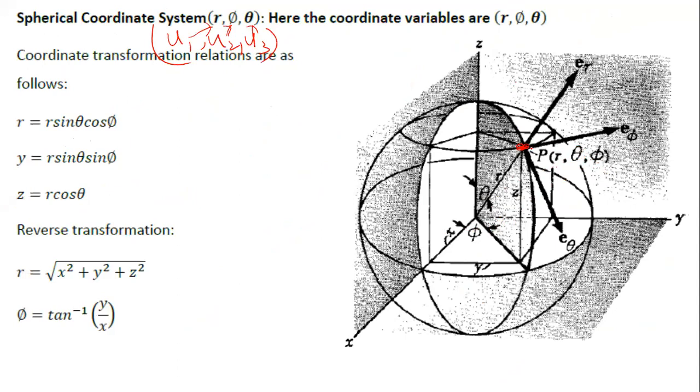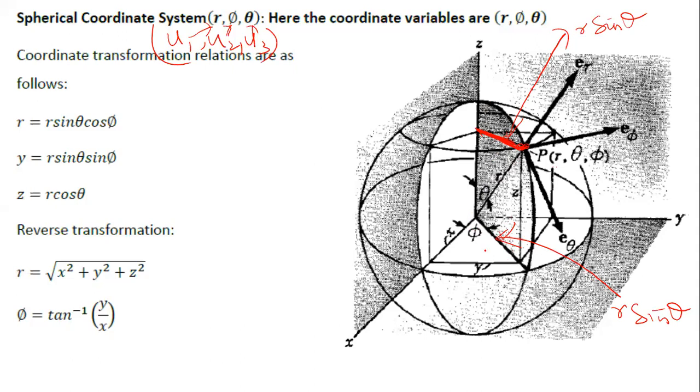So if you look at this, this is the origin, r. If you measure this distance, the one I made as a red line, what will this distance be? This distance from the z-axis will be r sine theta. You know that, right? So this itself is also r sine theta.